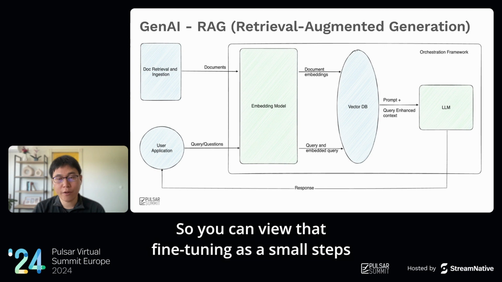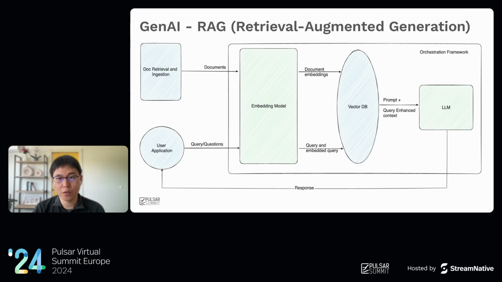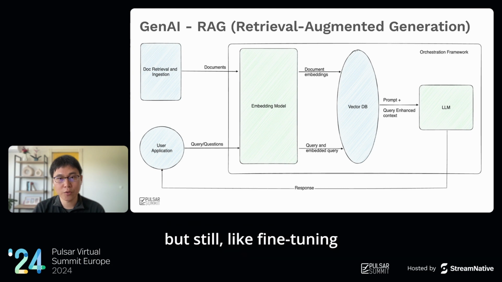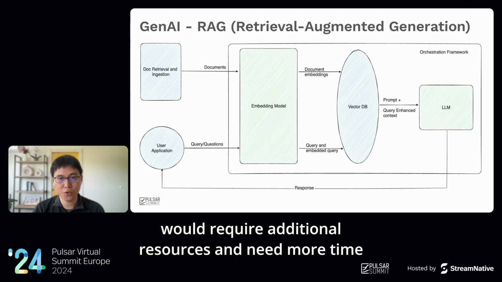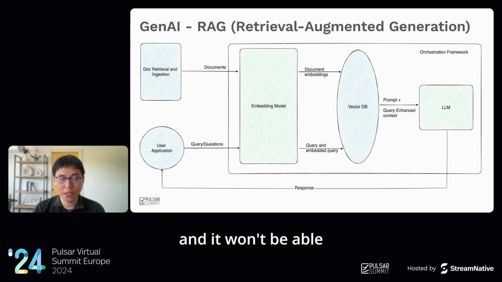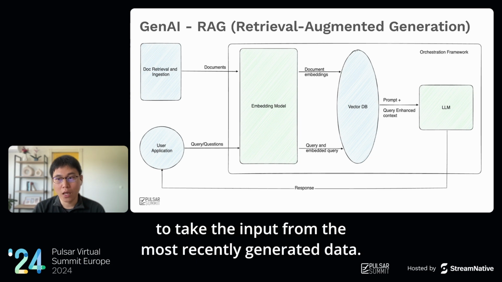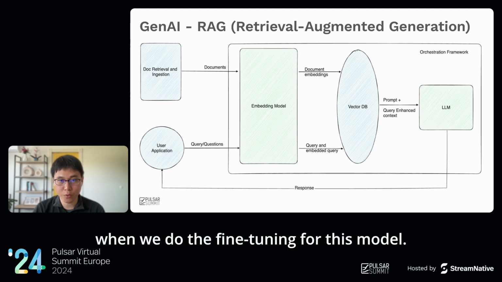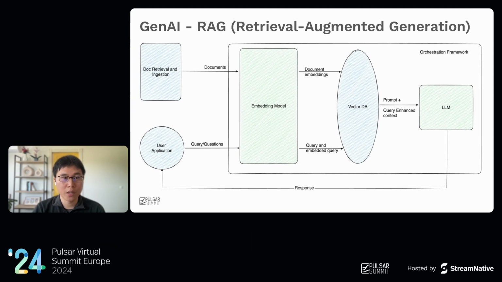You can view fine-tuning as small steps to tune the model based on existing LLM models. But fine-tuning still requires additional resources and more time, and it won't be able to take input from the most recently generated data, since we only have data up to when we do the fine-tuning for this model. So that's where RAG came from.